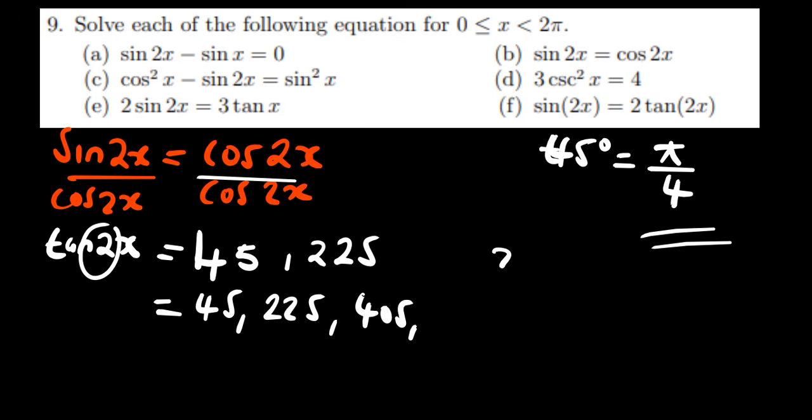Then you've got 225 plus 360, so this is 585. But now don't forget that you're finding 2x. So because you're finding 2x, what will be x? You're going to divide everything by 2.